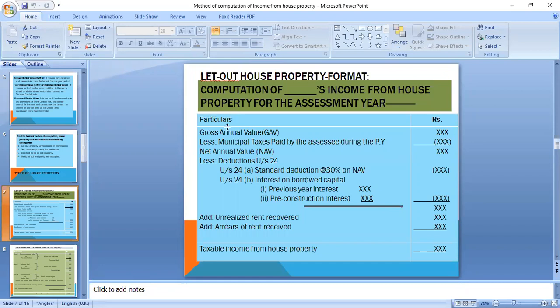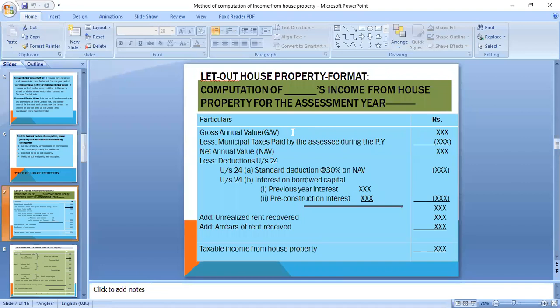Now in the first row, we are going to take the gross annual value. As we have discussed just now, the annual value is the value which your building or property can earn as income in a particular year.